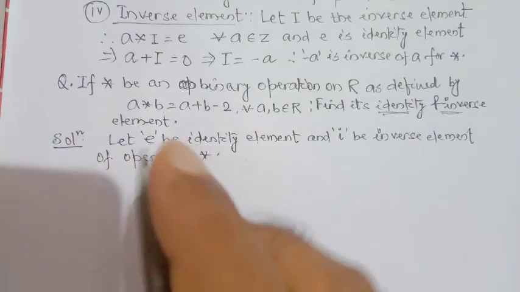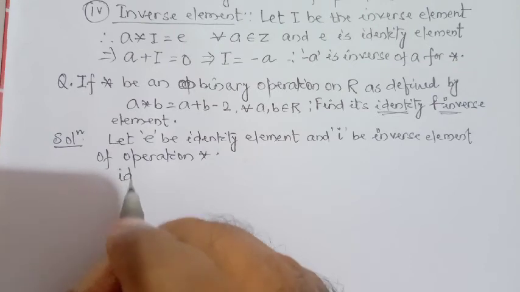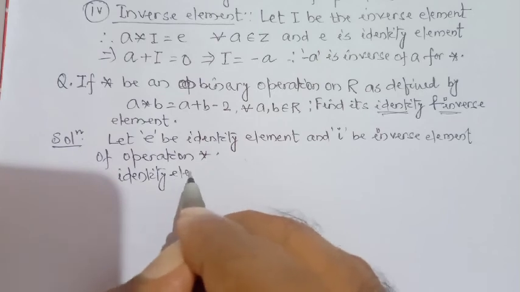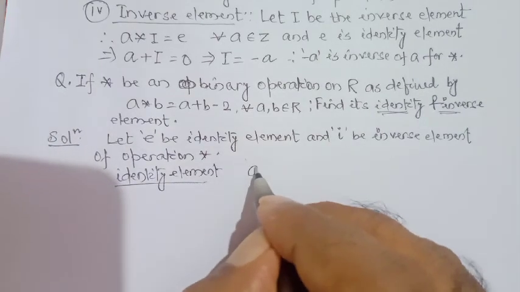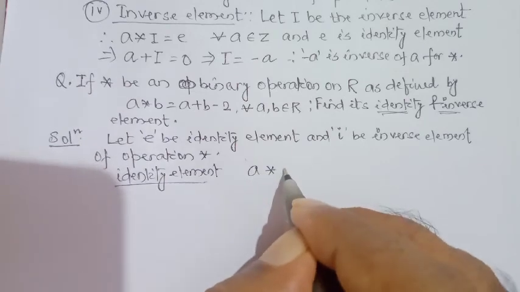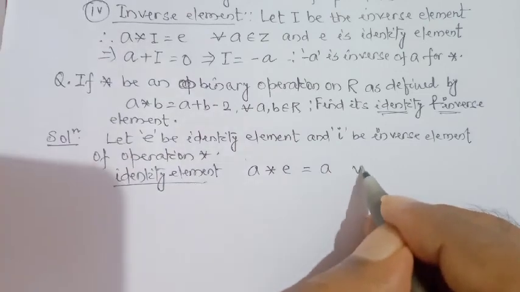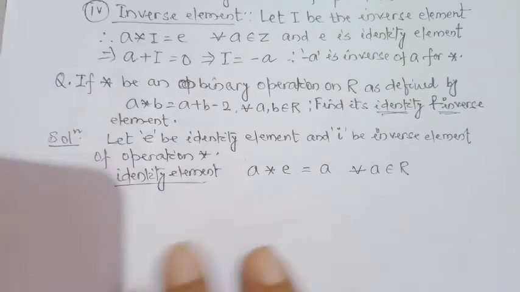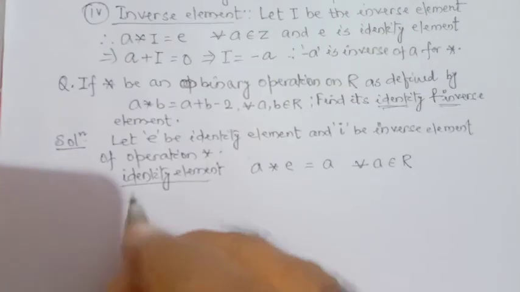According to the given condition for identity element, A star E should equal A for all A belongs to R, the set of real numbers.